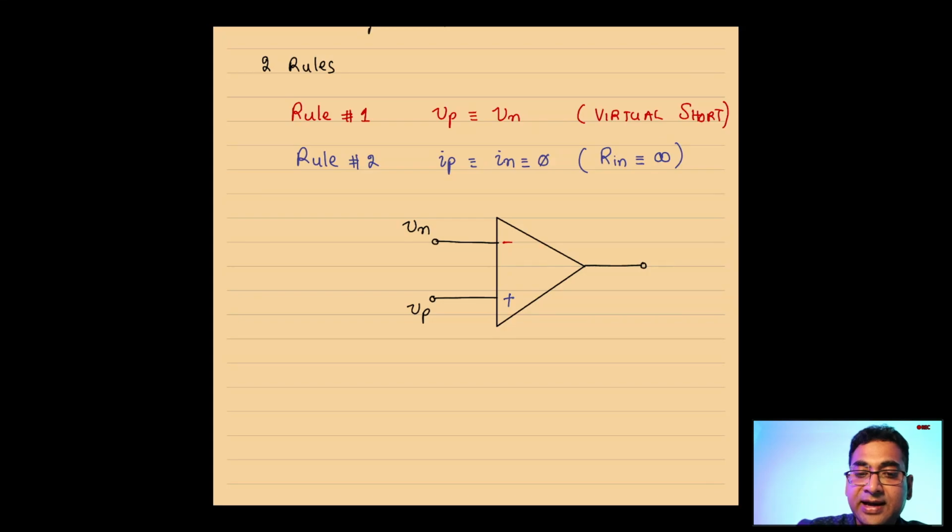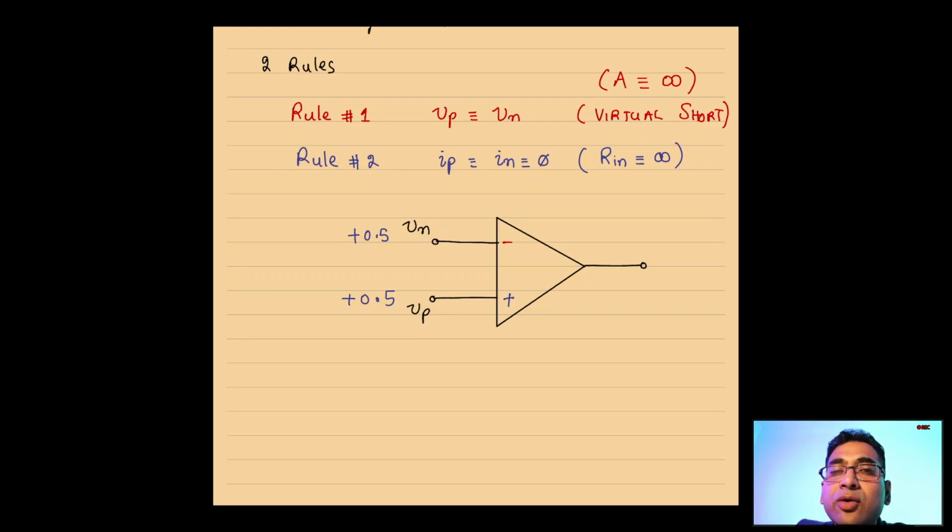Rule number 1 says, whatever value you apply here, that magically shows up here as well. This is coming from the fact that the open loop gain is a really large number. Ideally, open loop gain is infinity.